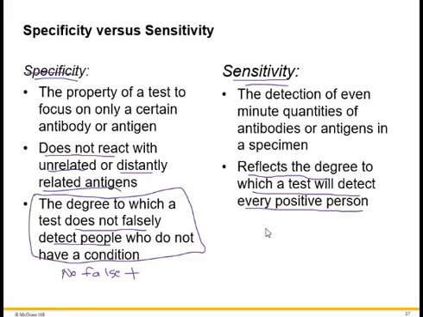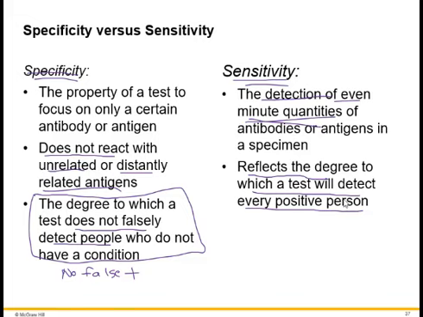Now, that is going to be hopefully very high, but it doesn't have to be 100%. It's the measure of the detection, where you have even minute quantities of antigens or antibodies in a specimen. So we don't necessarily need teeny tiny minute quantities if they're not able to actually cause disease.